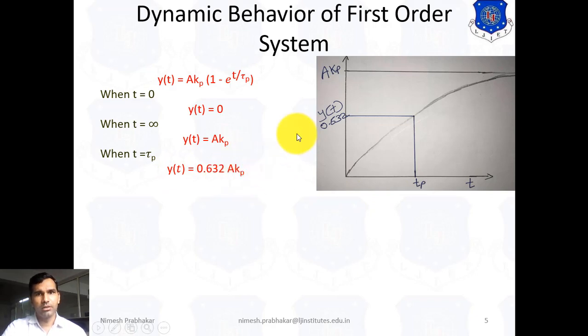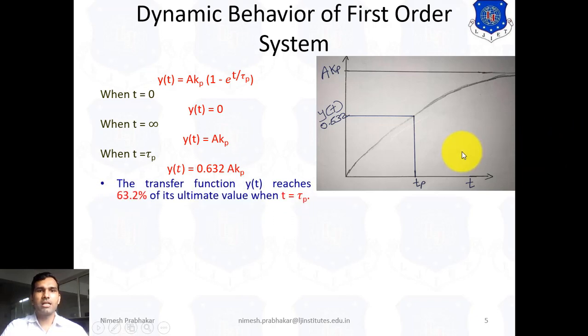That means this is the 0.632 value of y of t. From this graph we can see this is the behavior of the first order system, rising in a progressive manner until it reaches the maximum value. So y of t reaches the 63.2 value.